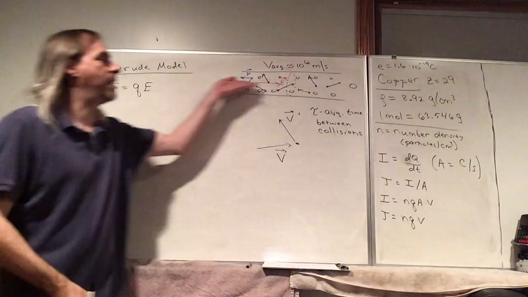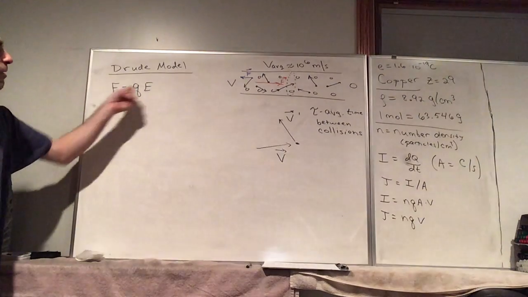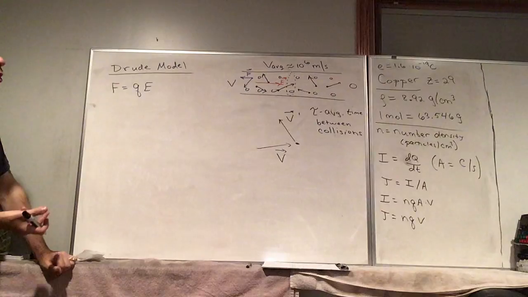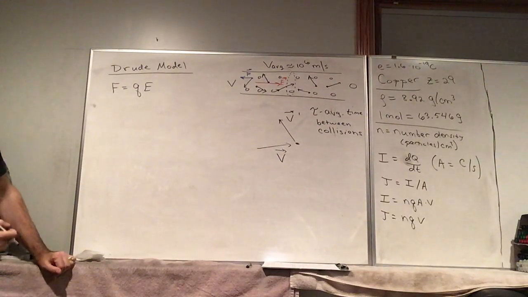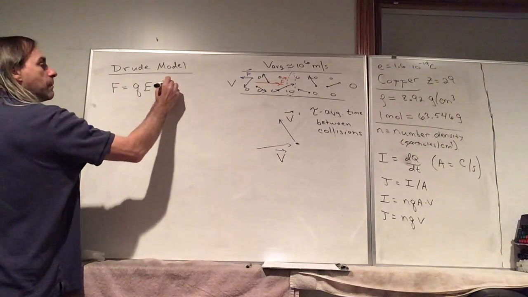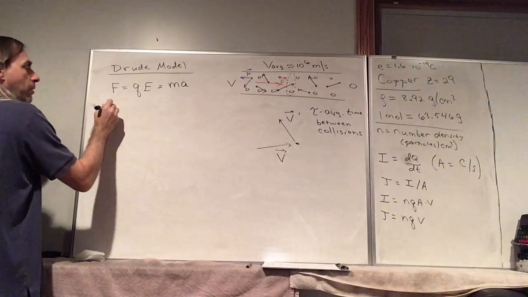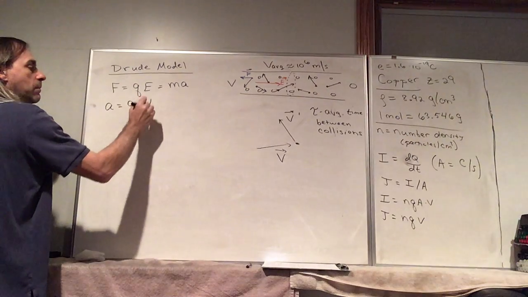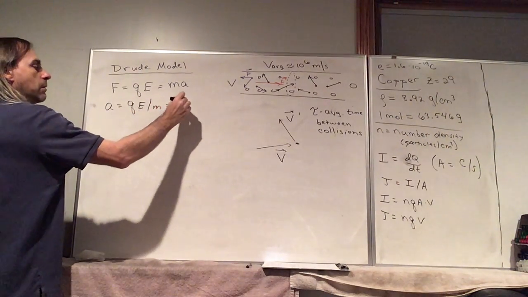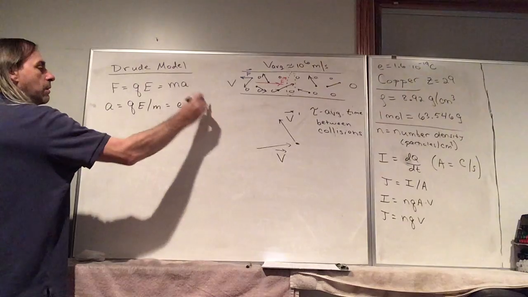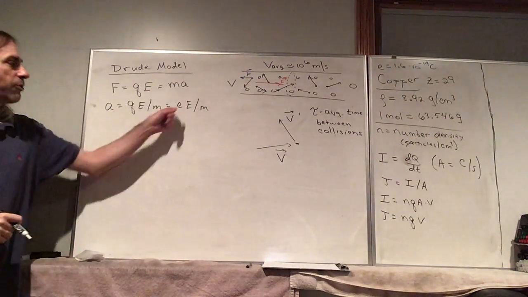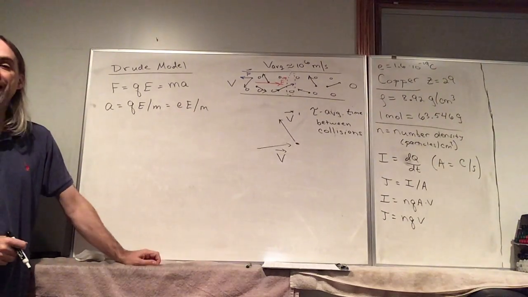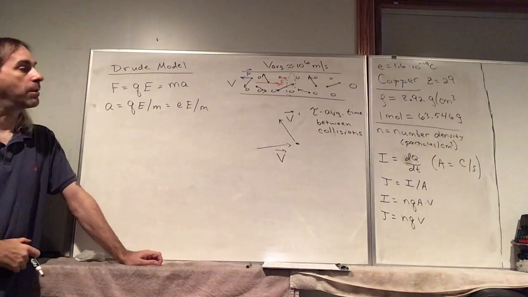We have an electric field that points in one direction, so we could put arrows above this, but let's just look at the magnitude. So we have a constant force, which means a constant acceleration, ma. And so the acceleration is QE over m, or, because we're talking about electrons, the charge is the elementary charge e. m would be the mass of an electron, which is of course rather small.